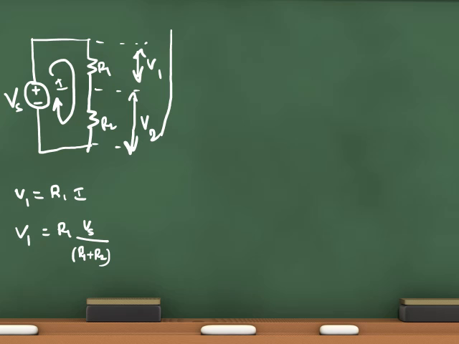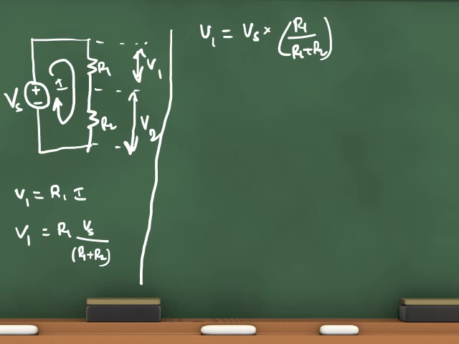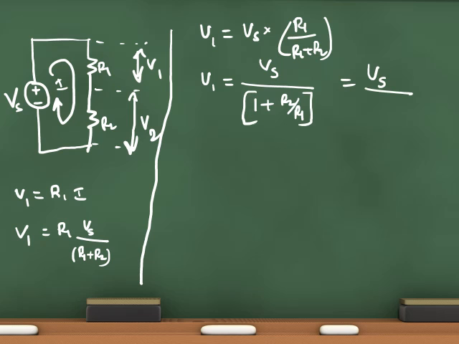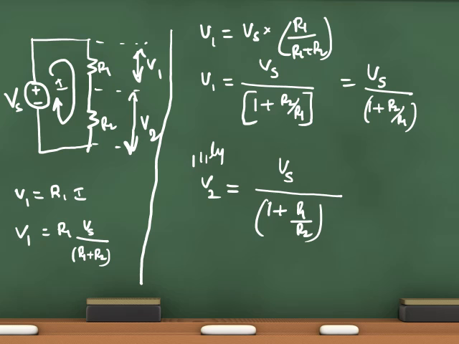So V1 equal to Vs into R1 by R1 plus R2. I can say that V1 equal to Vs divided by 1 plus R2 by R1. That means Vs is divided by 1 plus R2 by R1. This is called dividing of voltage. Similarly, V2 can be written as Vs divided by 1 plus R1 by R2.